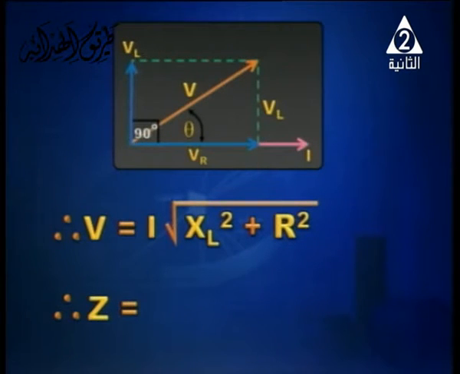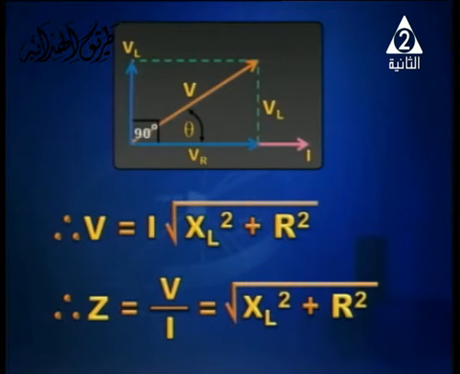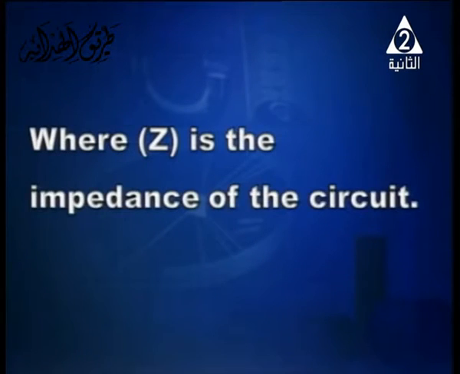So V divided by I will give the quantity that represents opposition. We call it impedance, denoted by Z. So Z equals V over I, and it is equal to the square root of XL squared plus R squared. Once again, Z is the impedance of the circuit.